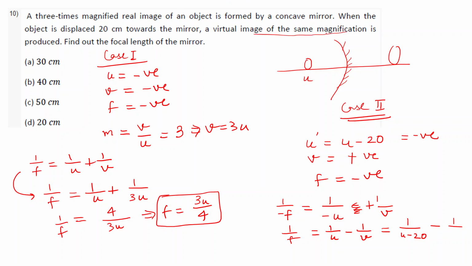Okay, so for second case also the magnification is same. So for case 2 also the magnification is 3. That means image distance is 3 times the object distance. So v is 3 times the object distance, and object distance has changed to this value.